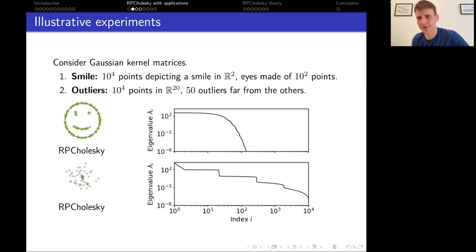I said that Nystrom approximation can only work if the eigenvalues are decaying quickly. So I'm showing you the eigenvalue decay with a Gaussian kernel. Really, really fast decay for the smiley face. Slower decay for the outlier data. You notice a step-like structure? That step-like structure, I haven't completely puzzled it out, but I think sometimes when I give this talk, people actually know why it's a step-like structure.